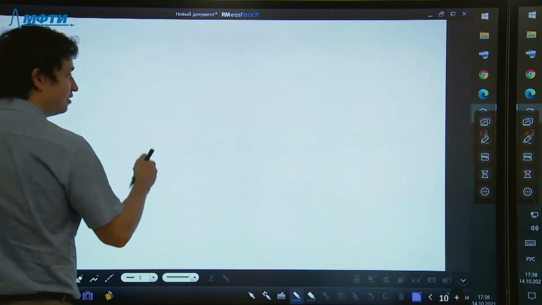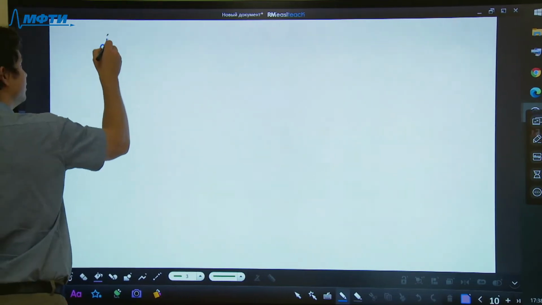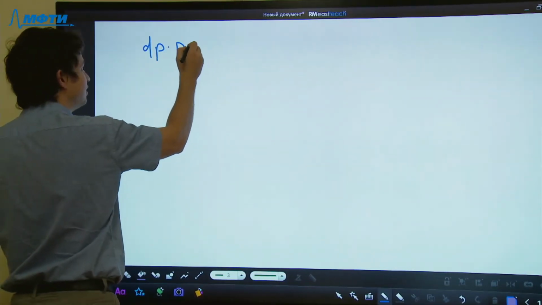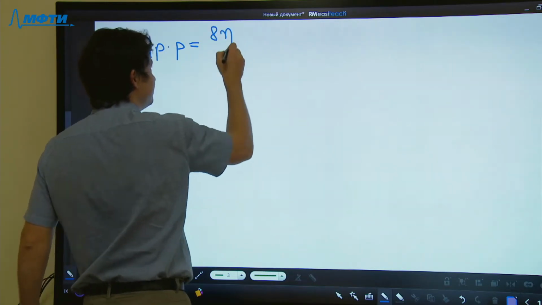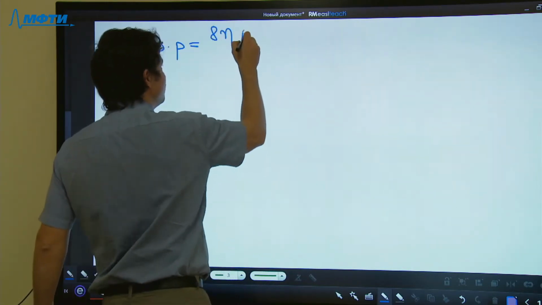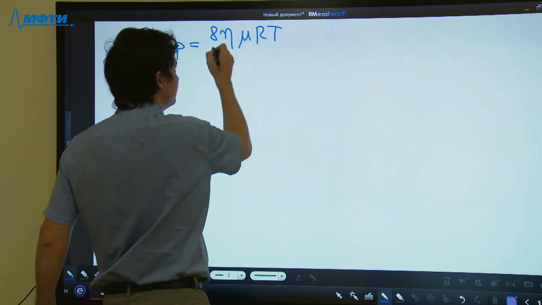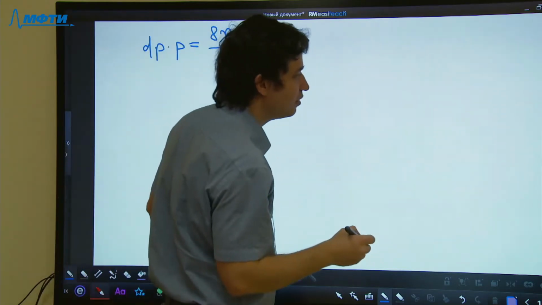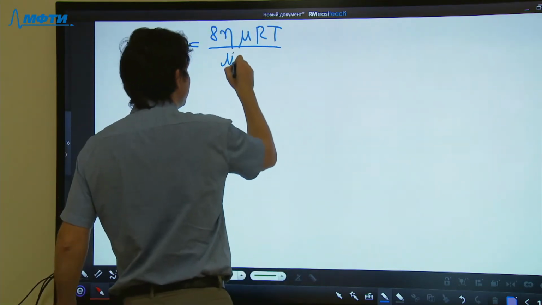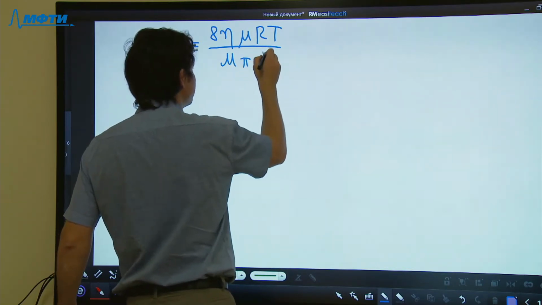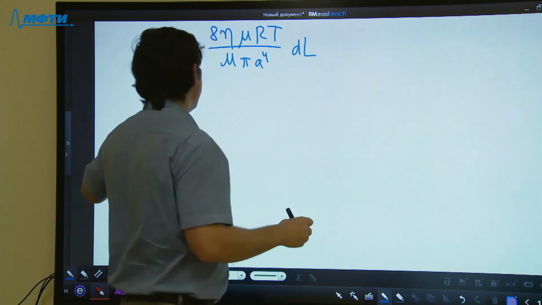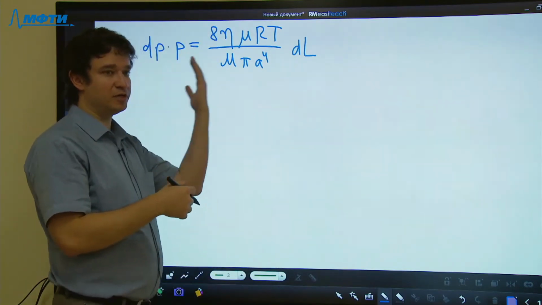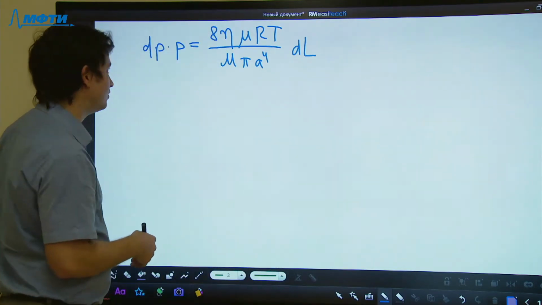I just need to do dP times P equals 8 eta mu RT over capital M pi A to the 4 times dL. And now I integrate it from the inlet to the outlet of the pipe.